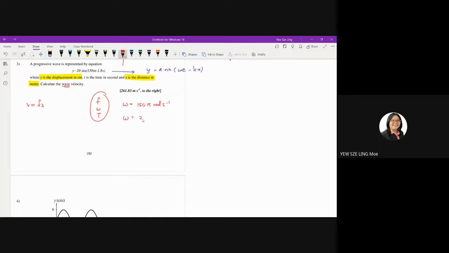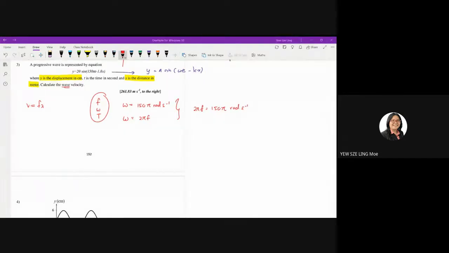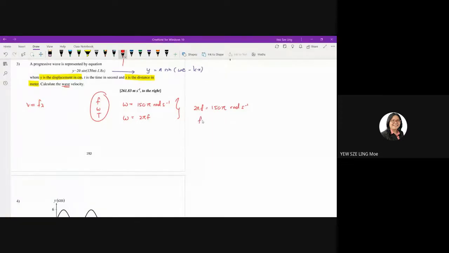Omega is equal to 2 pi f, so 2 pi f equals 150 pi radian per second. Therefore f is 75 hertz. Then we need lambda.